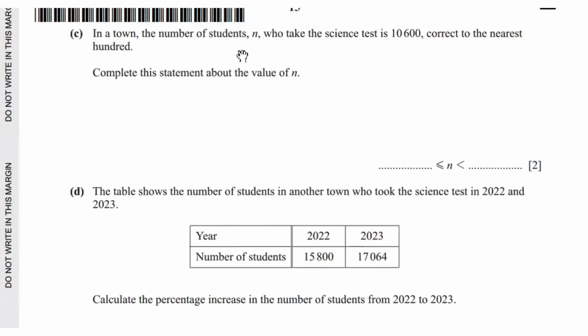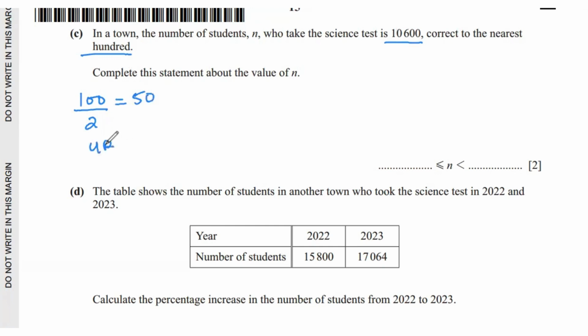Part C says in a town, the number of students N who take the science test is 10,600, correct to the nearest 100. Complete the statement about the value of N. So it's 10,600 to the nearest 100. So this is the degree of accuracy, 100. So we divide the degree of accuracy, 100, by 2, which gives us 50.